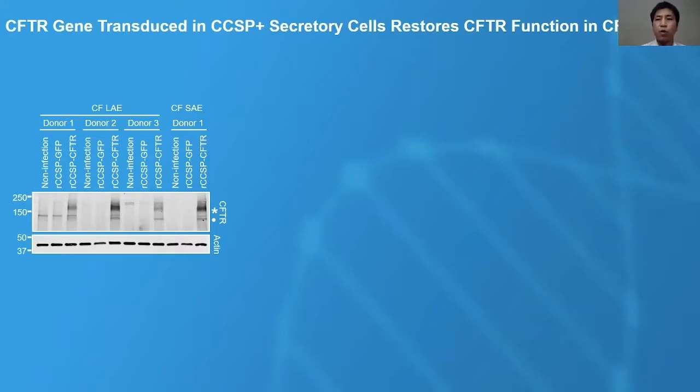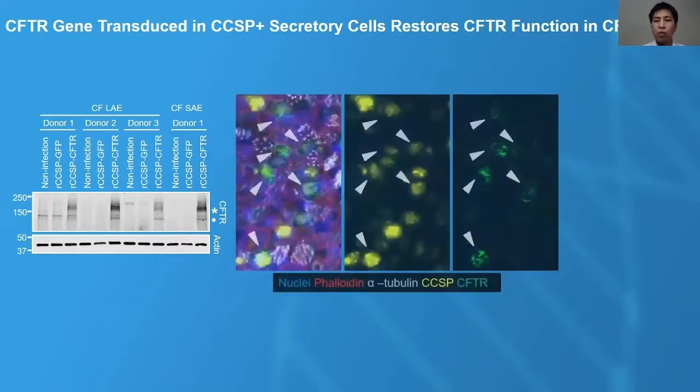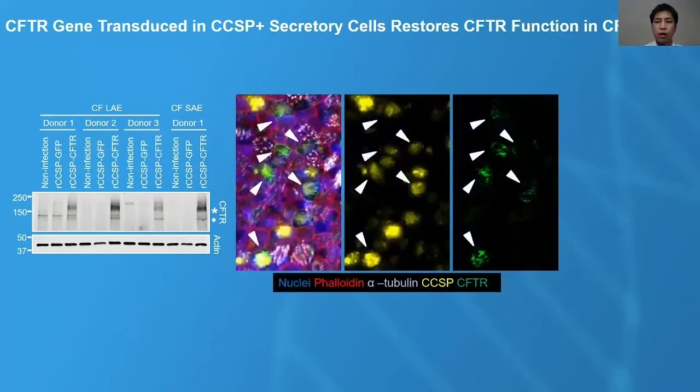Both wild-type and mutated CFTR protein were identified in rat CCSP CFTR transduced cells, whereas no wild-type CFTR protein was detected in non-infection or GFP control cells. Whole mount immunohistochemistry localized CFTR protein to CCSP positive non-ciliated secretory cells.